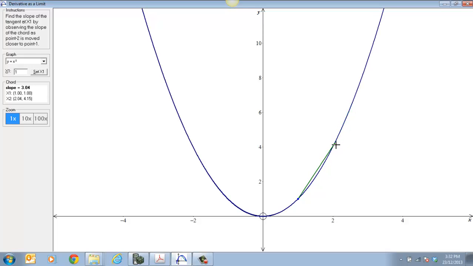Right, it's going to 3. Now it's below 3. It's getting closer and closer to a point there. And what have we got here? We've now got the tangent at that point. That there is the instantaneous rate of change of, it could be velocity or whatever we're looking at.